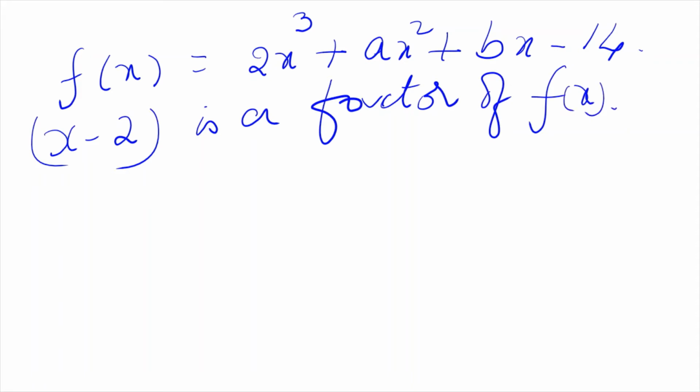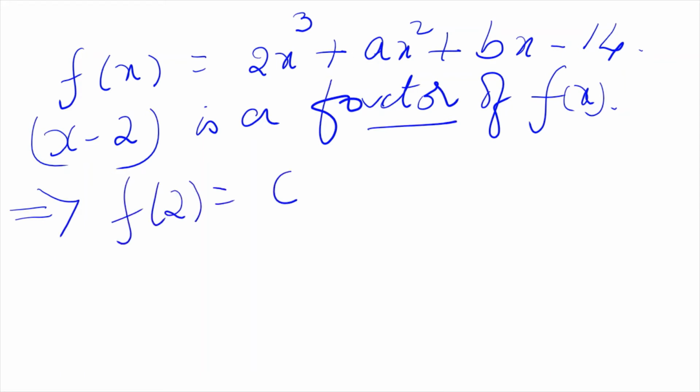So by now you are well versed with it. If it is x minus 2, you have to substitute x is equal to 2. If it is x plus 2, then you have to substitute x is equal to minus 2. So this implies it is a factor. That means f of 2 must be equal to 0, right?